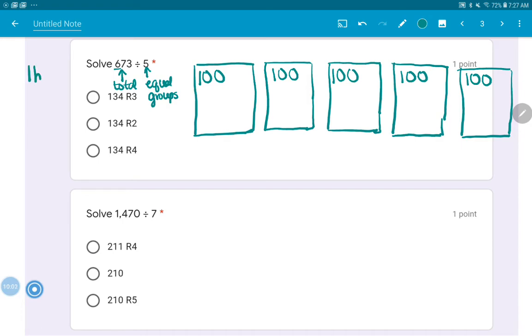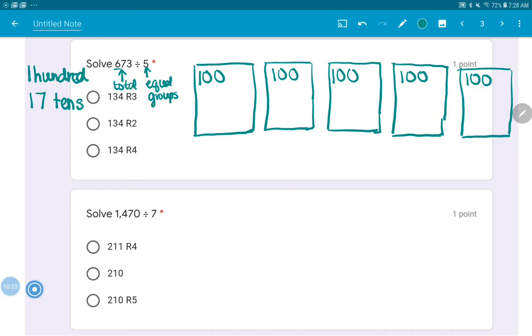If I have 100, and I look over and I have 7 tens, so I have 17 tens when I use my 100 that's left over, plus the 7 tens in 673.